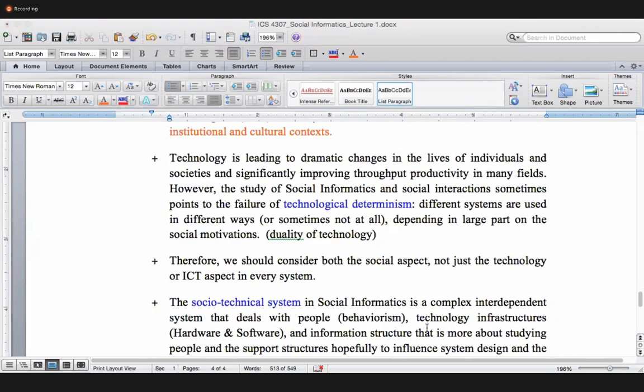Note that this is not about whether this is a tall person or a short person. No. We are looking at the behavioral aspects of that individual in respect to the system. We also look at the attitude of the people towards a given technology.